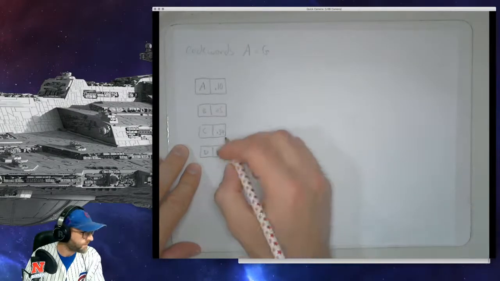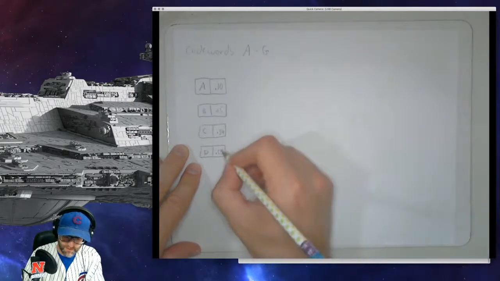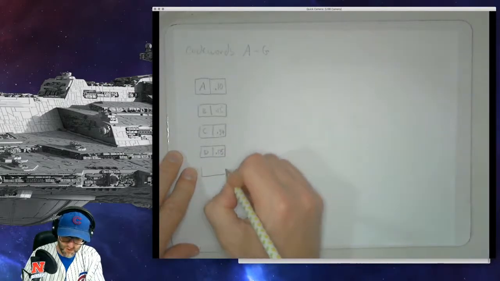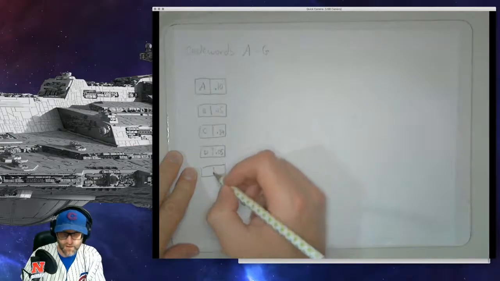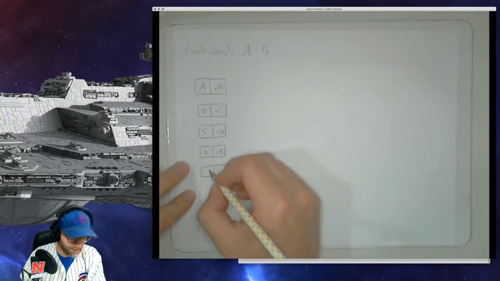D, that's very infrequent, right? It's only 5%, right? And of course, you can normalize these. These don't have to be on the scale 0 to 1. They could be on 0 to 100 if you want. It doesn't matter as long as you're consistent about it.